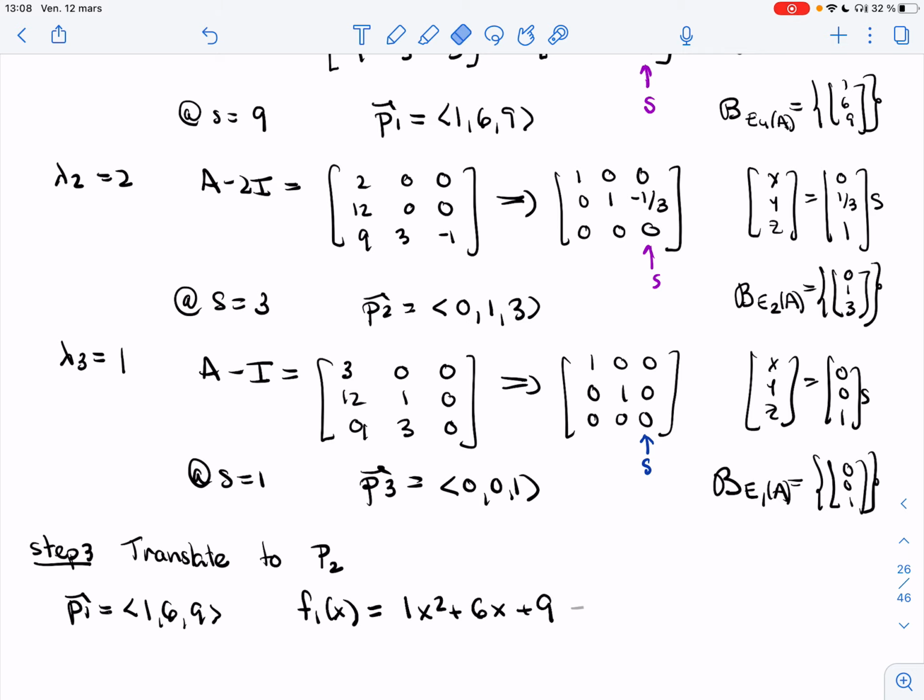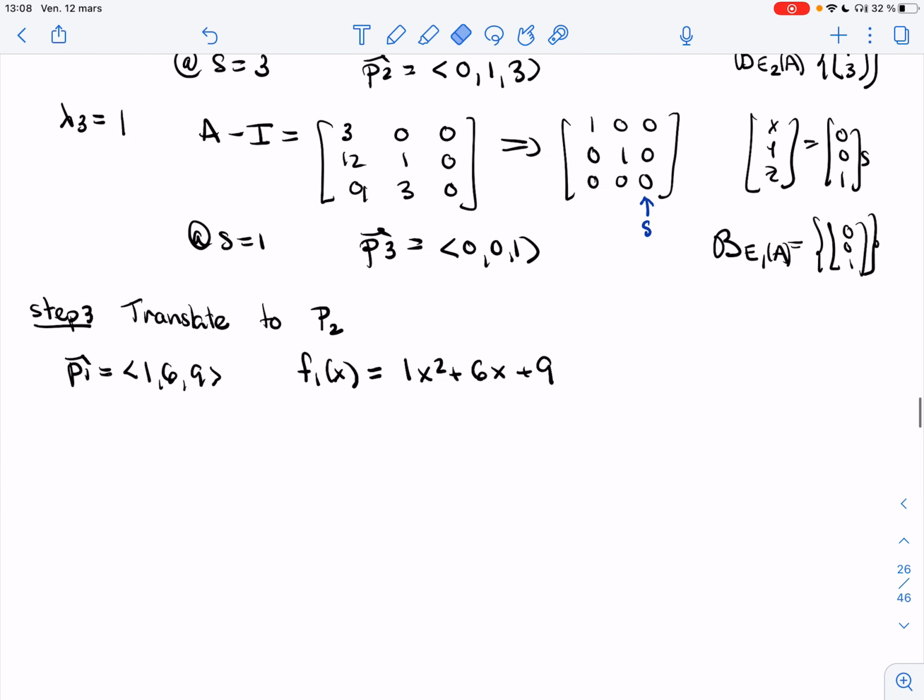And that's going to be my first eigenvector. P2 is (0, 1, 3). And so f2 of x is 0x squared plus x plus 3. And P3 is (0, 0, 1).